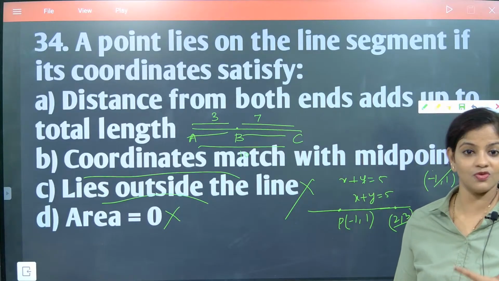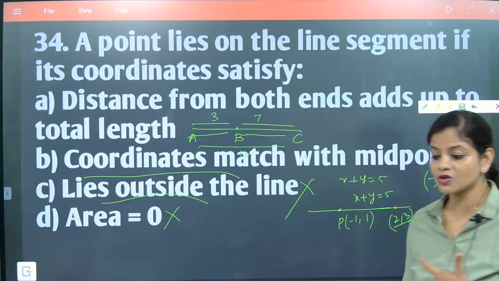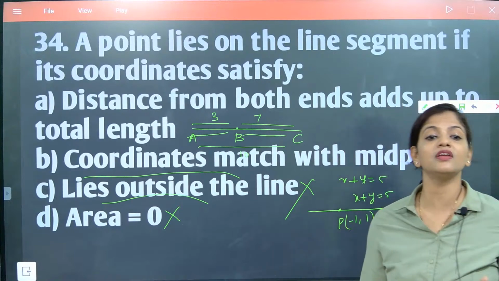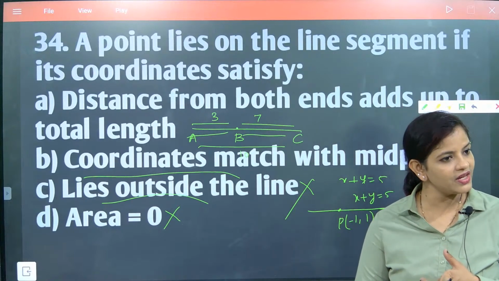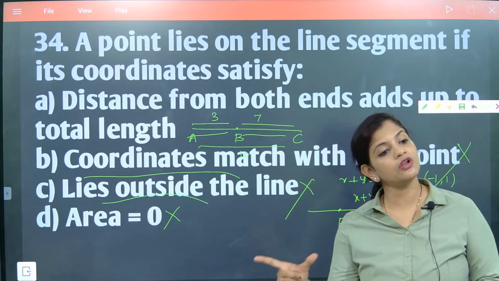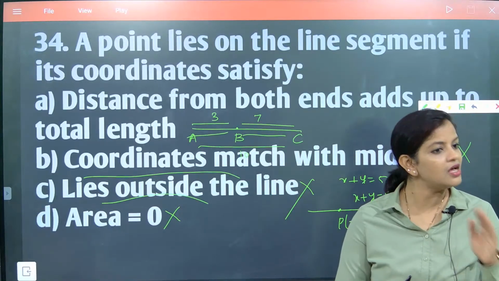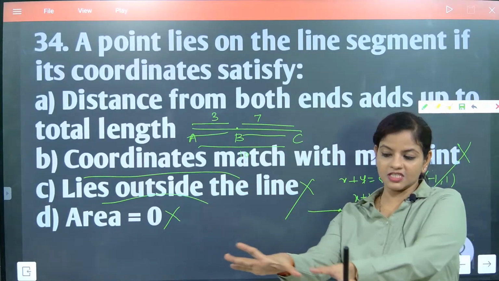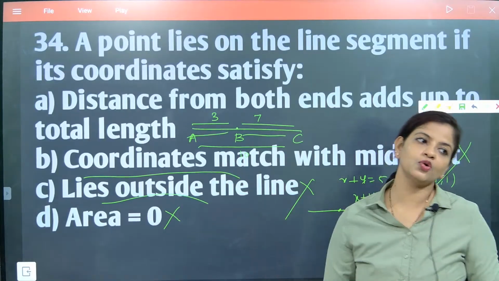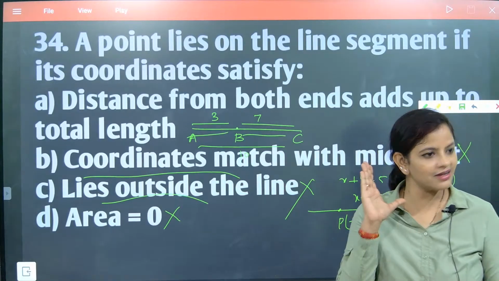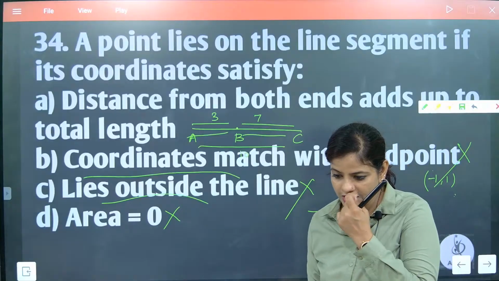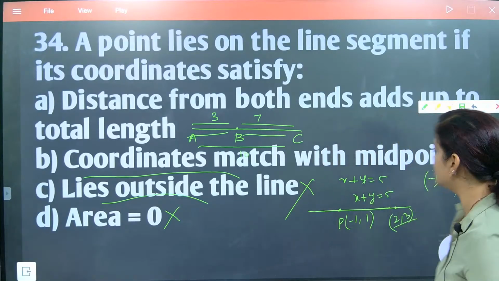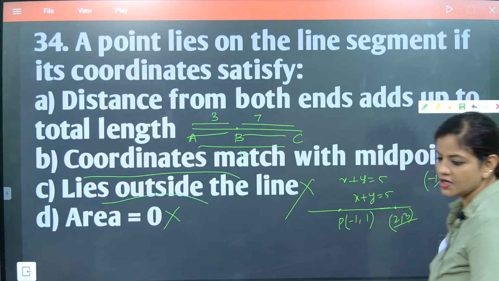No, this question was really tough, because understanding the concept was a little troublesome. But we understood one thing: a point present on a line will satisfy the equation of a line. And if that point is present on a line, this distance plus this distance will give you the total distance. Sai, understood clearly? Three children have understood. Super. What about the rest of the children? Did you understand?